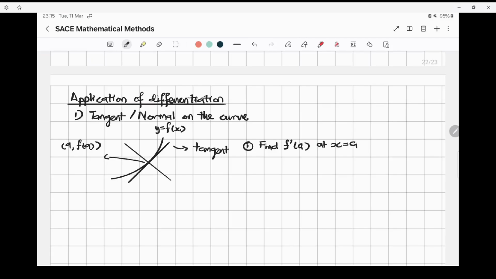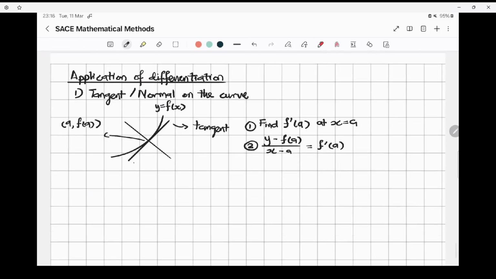Once you find that, that will be your gradient. Then you just use (y minus f(a)) divided by (x minus a) equals f prime of a. So you just use the equation of a line to identify your equation of tangent.